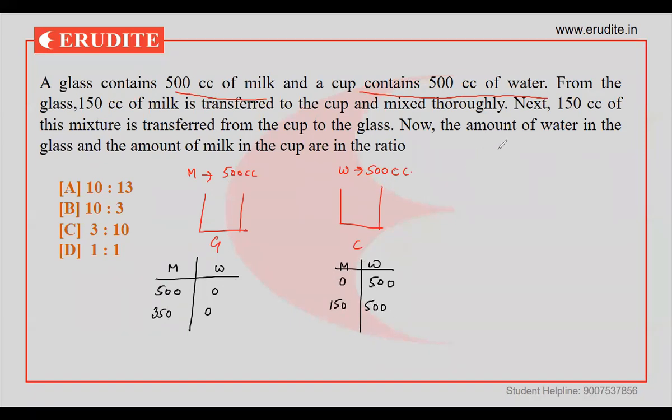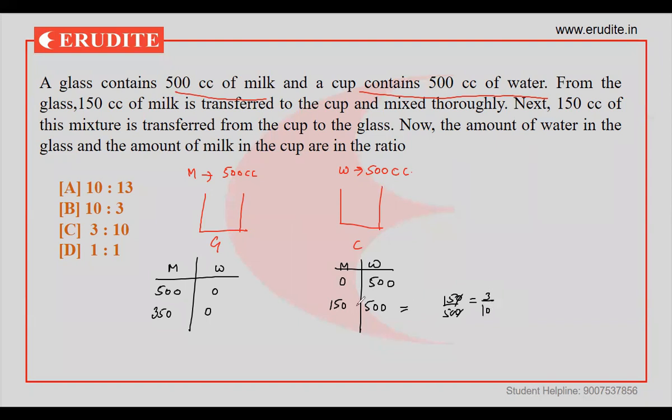Now they're saying that next, 150 cc of the mixture is transferred from the cup to the glass. After the first transfer, the ratio of milk to water in the cup is 150 by 500, that is 3 by 10.